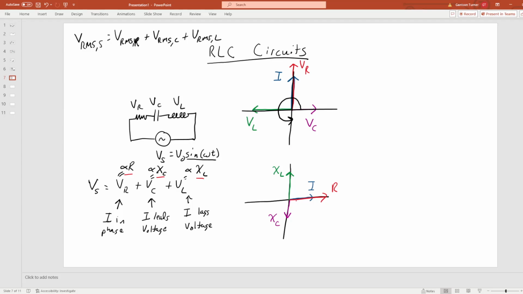Okay. So what we're going to do now is define impedance. So impedance is the total effective resistance in an AC circuit.